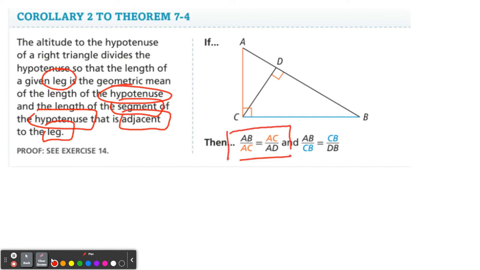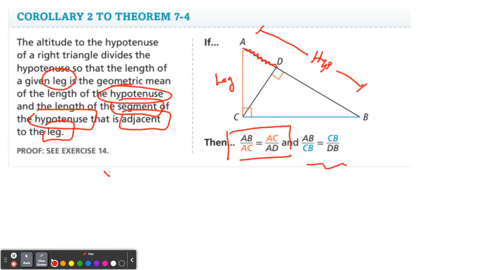So in this case, let's take a look at this one right here. We're going to say AC is the leg that's given to us. That's the geometric mean, which is why it appears twice. It's going to be the geometric mean between the hypotenuse, which is AB, and the segment of the hypotenuse closest to or adjacent to that leg, which would be AD. That's why AD is here. And again, you can do the same thing for the other side.